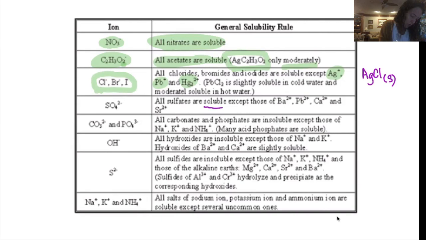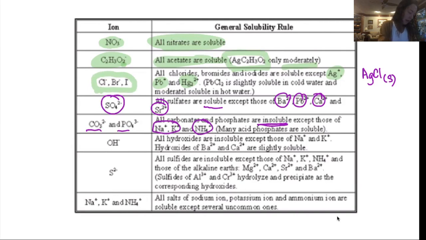Sulfates are soluble except for barium, lead, calcium, and strontium. Carbonates and phosphates tend to be insoluble unless you have a group 1A or an ammonium with them.